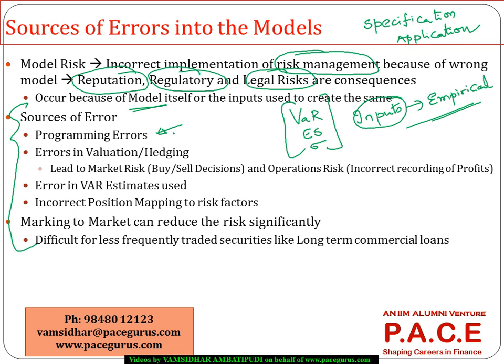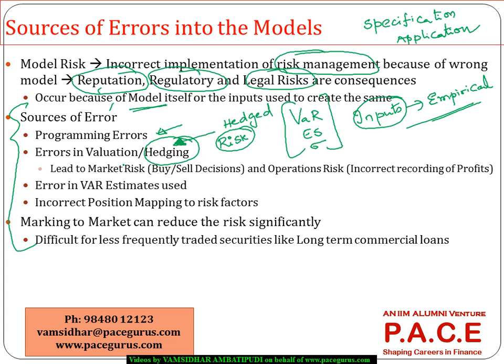All these things go as a part of the programming error. Then the second dimension is the valuation related error. We are not able to really comprehend the true value of the security or true value of the hedged instrument. So understanding the risk associated with the underlying instrument and, based on that, designing the appropriate hedging ratio.